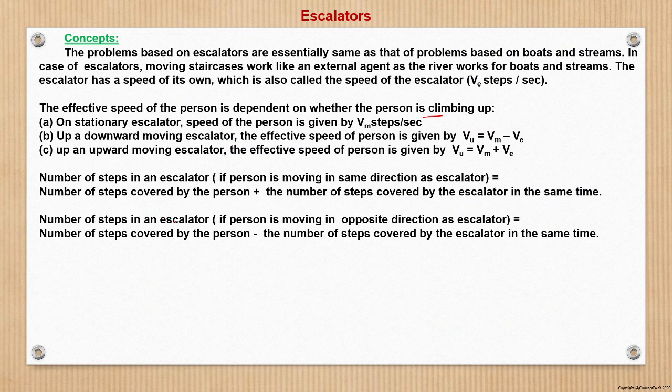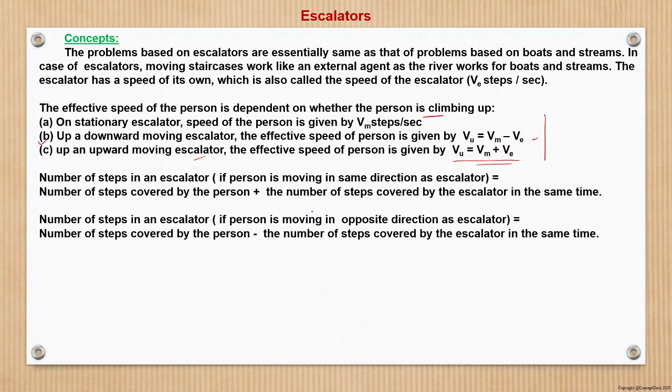Whereas when a man is climbing up a downward moving escalator, the effective speed of the person is given by vu is equal to vm minus ve. And when the man is climbing up an upward moving escalator, the effective speed is given by vu is equal to vm plus ve. So these three relations we should keep in the back of our mind. They are very simple and quite intuitive, nothing to remember. But the concept was important, which I discussed some time back.